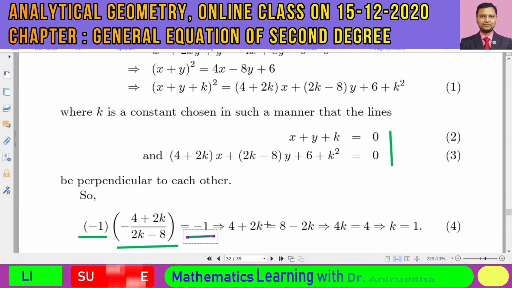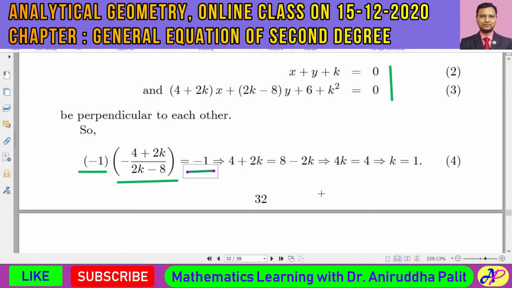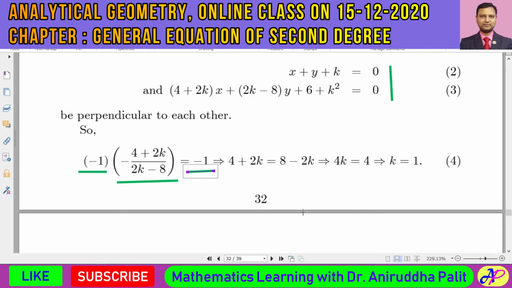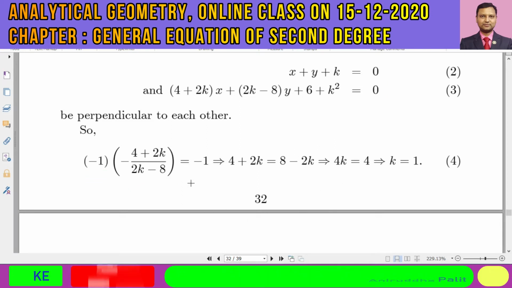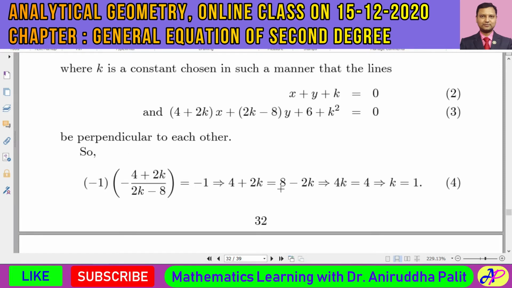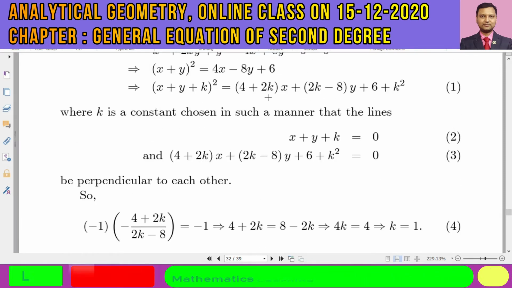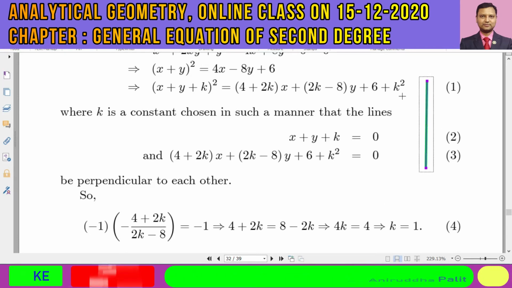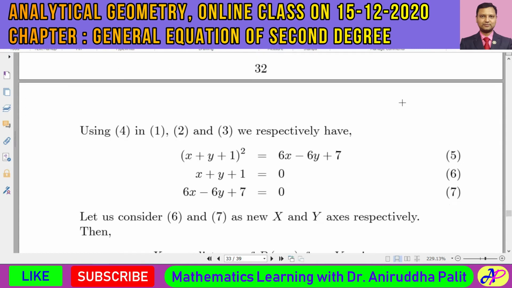So this is the criteria by which we get this result, and ultimately if you solve it, you would be able to find the value of k. Over here we got the result that k is equal to 1, and now if you put the value of k in equation number 1, 2 and 3, you will ultimately get the following results.